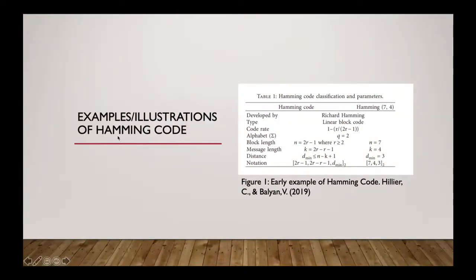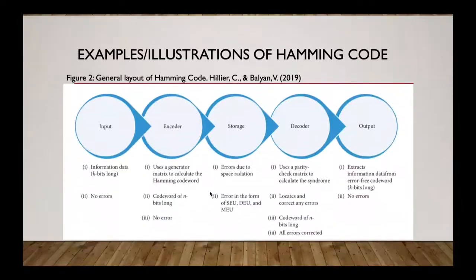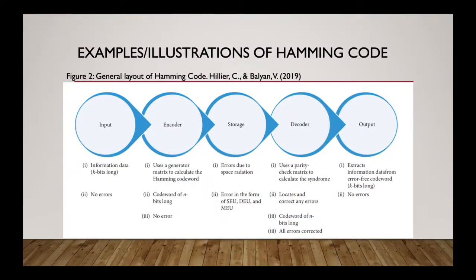And here are some examples of Hamming code. In this table, this was an early example of Hamming code, and here's the algorithm that gets all these values, such as block length, message length, and distance. And this is the general layout of Hamming code, where you give an input, which goes to the encoder, and it uses the generator matrix that I talked about earlier, G, to calculate the code word.